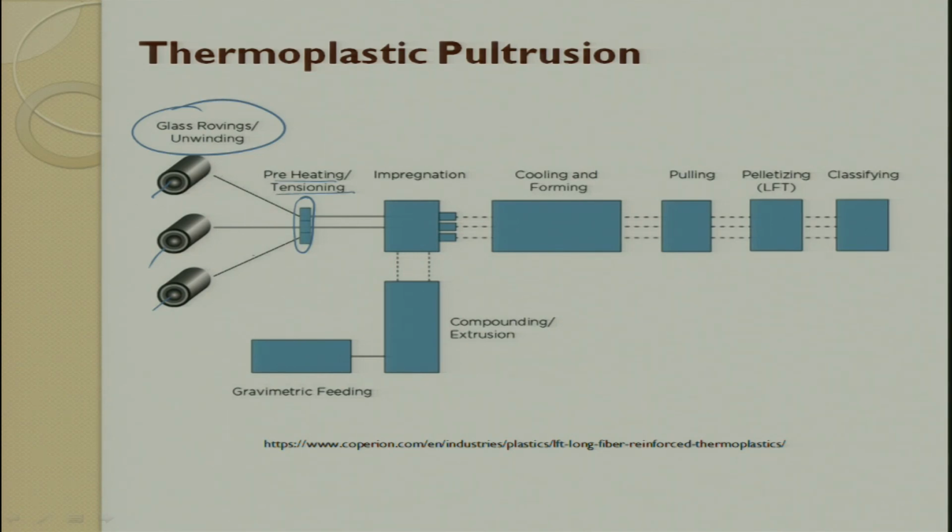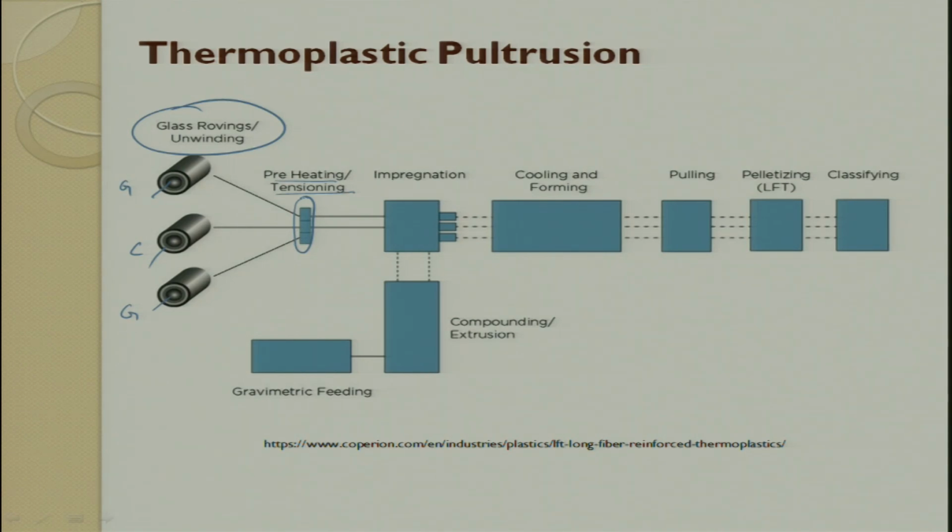So, it can be glass fiber, carbon fiber, Kevlar fiber, or a combination of glass, carbon, glass. So, you can also have mix and match made here. So, from the reel it goes, and here, by the way friends, it is 2 axis. In real time what happens, you will have multiple reels feeding in.